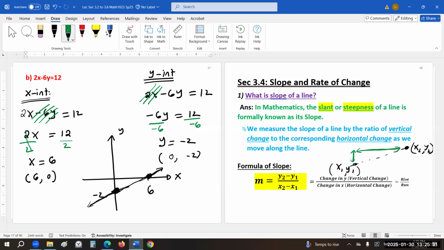That's how we can measure how steep a line is. We call it rise over run. Rise means we are rising and run means we are running on a surface. So the formula is y2 minus y1 divided by x2 minus x1. In other words, you have to memorize this formula if you didn't understand the concept of steepness.